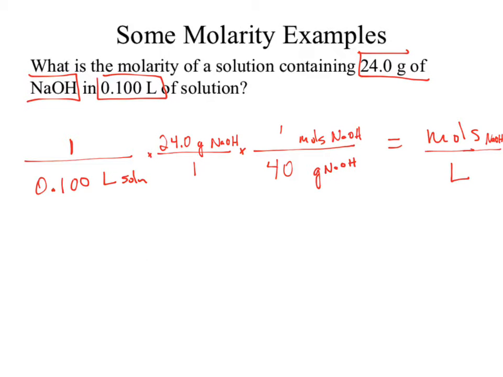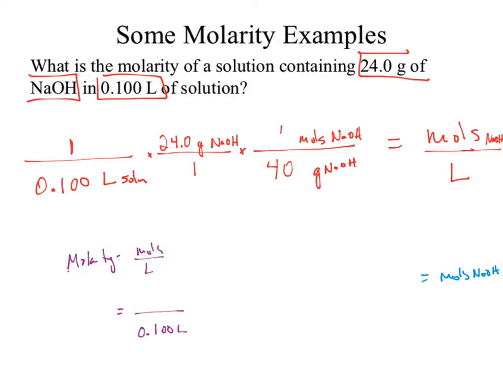Okay. The other way to do this. Molarity. What is molarity? It's moles over liters. Am I given the liters? Yes. 0.100 liters. Am I given the moles? No, so what do I need to do? I need to find moles. Moles of what? Moles of sodium hydroxide.